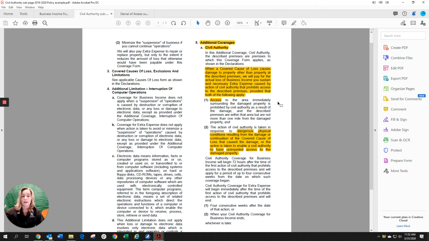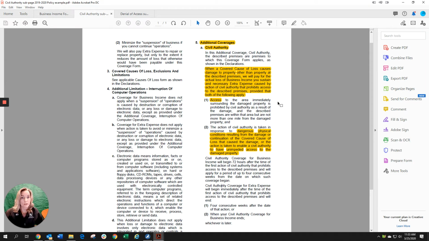However, if I have a fire, maybe for two weeks the retail store can't open and the gym can't open. So now you have a situation where the business income applies to me, but civil authority would apply to these guys. Say the city came in and shut down access to the building with three locations because there are questions about stability, safety, and other things, and they need to come in and clean out stuff and have full access without worrying about property damage or injury to others.